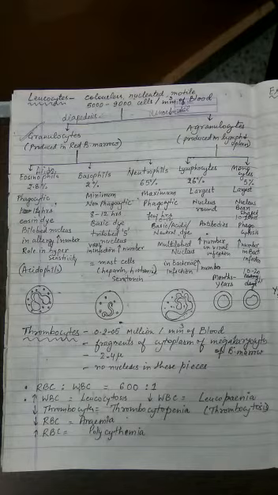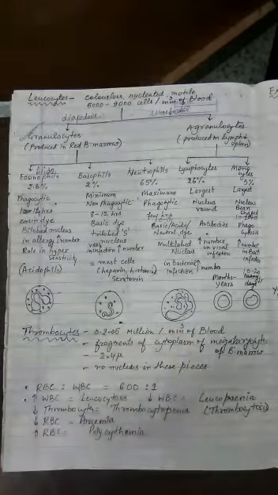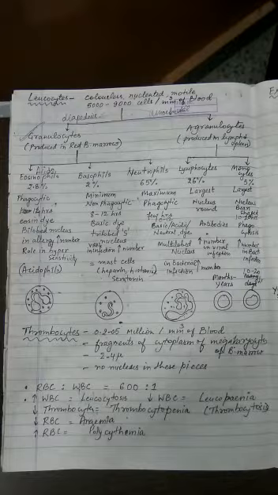So during inflammation, during redness of a body portion, or during a runny nose or watery eyes, whenever such symptoms or hypersensitivity are shown by the body for certain allergens in the environment, these responses are involved with an increase in the number of eosinophils. So they have a lifespan of just 14 hours, just remember, and their function is not so clear, but I just told you that they are involved in the allergic responses of the body.